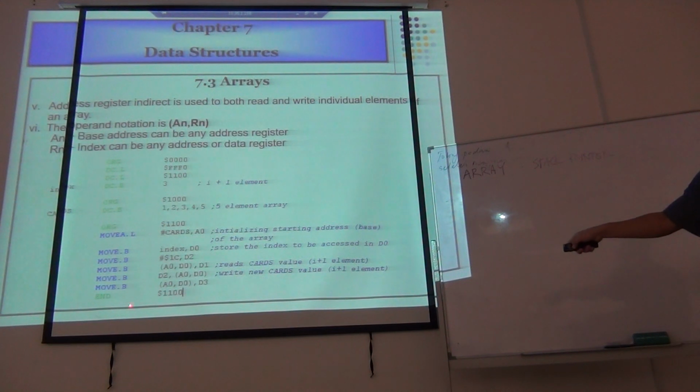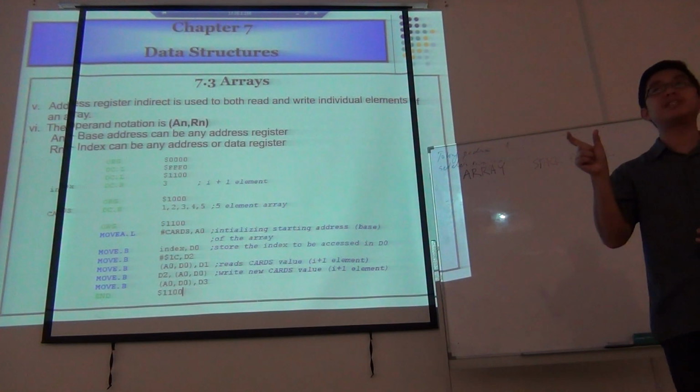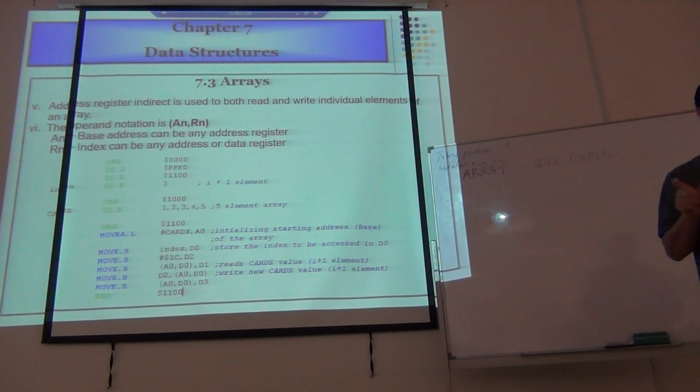So the rest of the program, what does it do? The rest of the program is basically that you want to access any of the elements based on the numbers. Access means you can write and you can read from the array. A specific element based on the index.